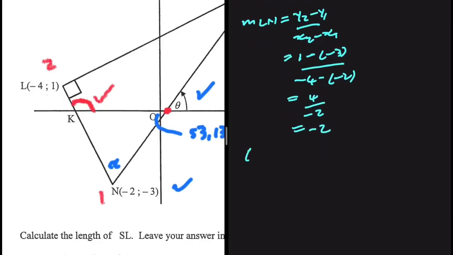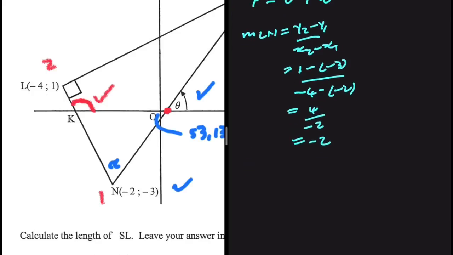Now I have to find the inclination of LN. The inclination of LN will be equal to tan inverse of the gradient of LN, which is minus 2. If the gradient is negative, you're going to find a negative angle, and when that is the case, we have to add 180 degrees.